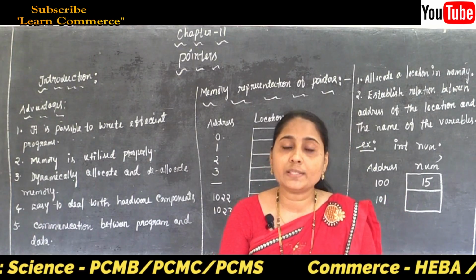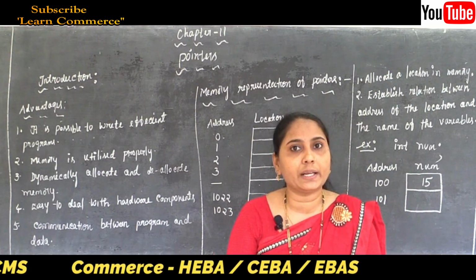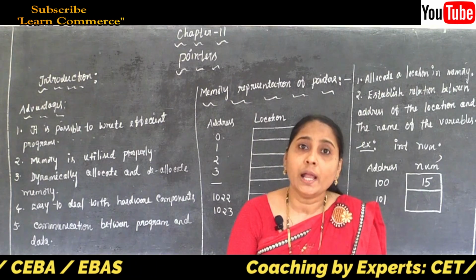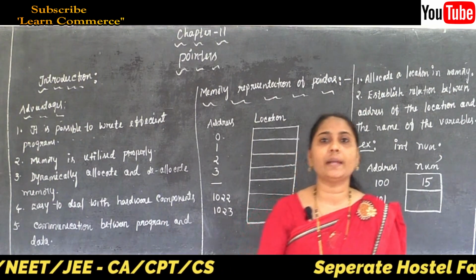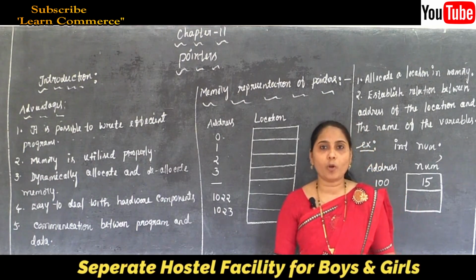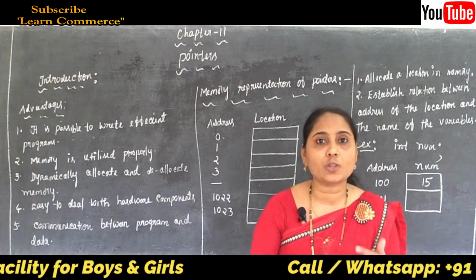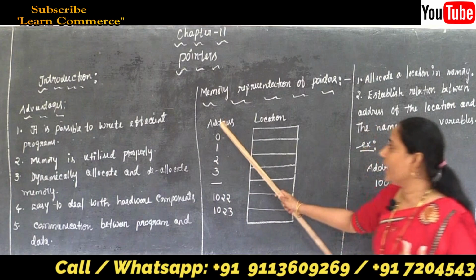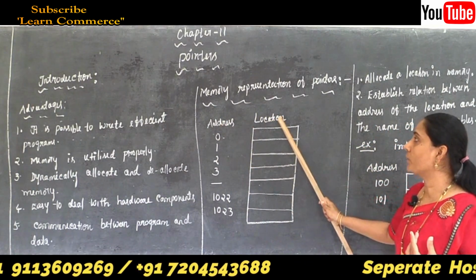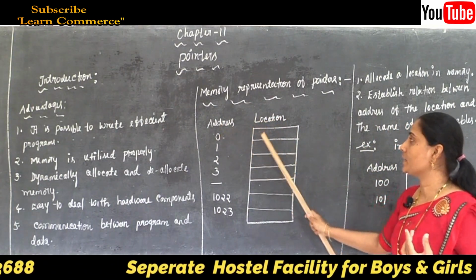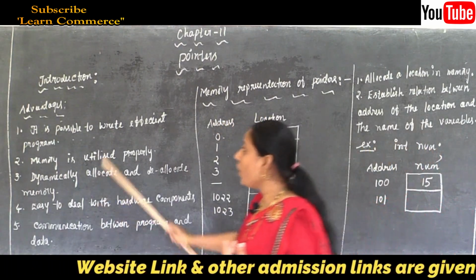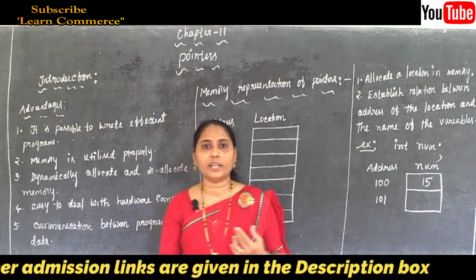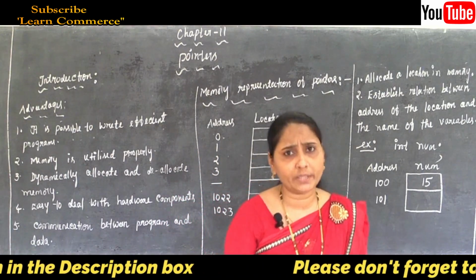That means it makes the proper communication and relationship between the name of the variable and the address of the location. So all these are called the advantages of the pointers here.